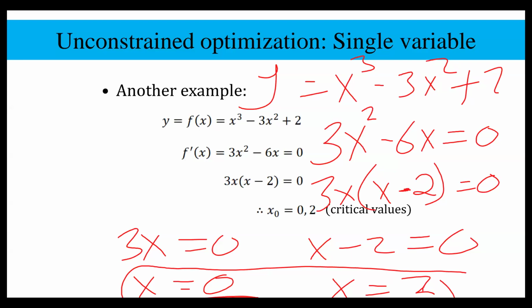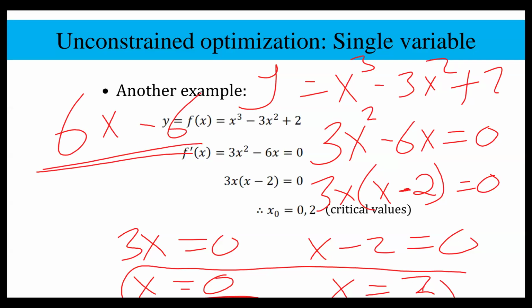When we differentiate the second time, we're going to have 6x minus 6. And then now we substitute the values of x.